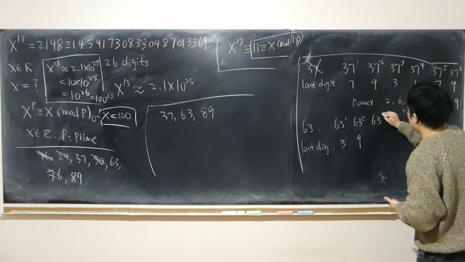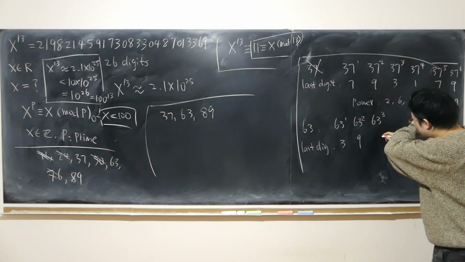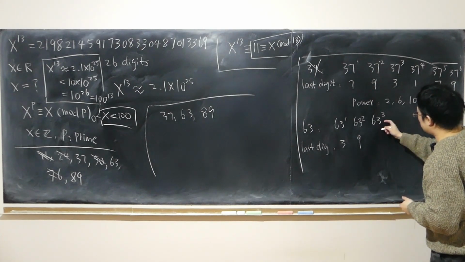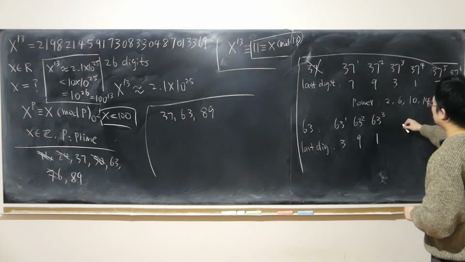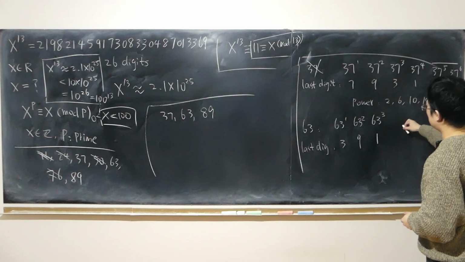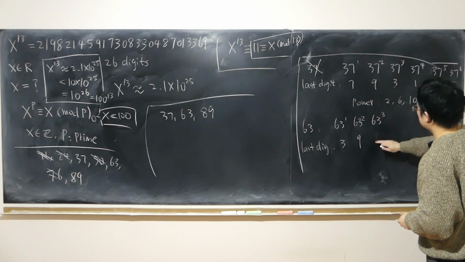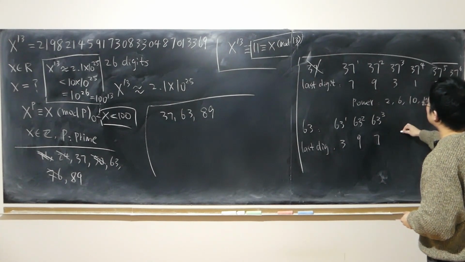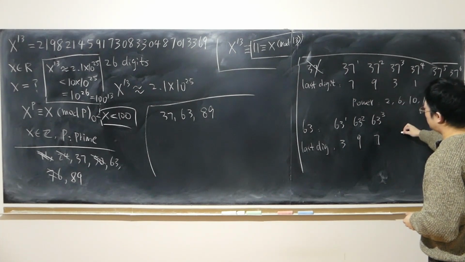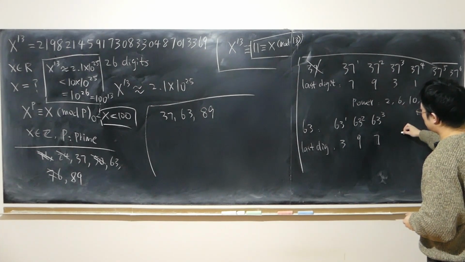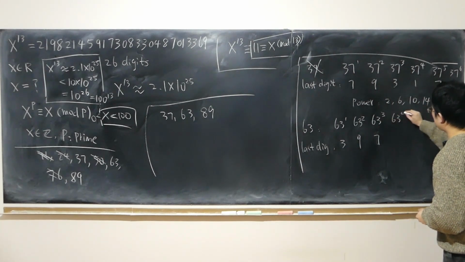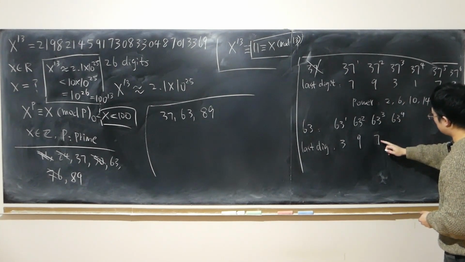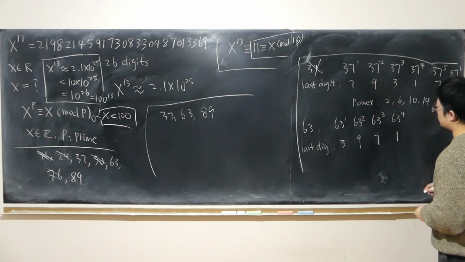Raised to power of 3, 3 times 9 is 27, so last digit 7. Raised to power 4, 3 times 7 is 21, so last digit is 1.